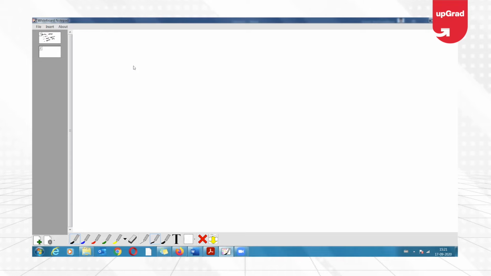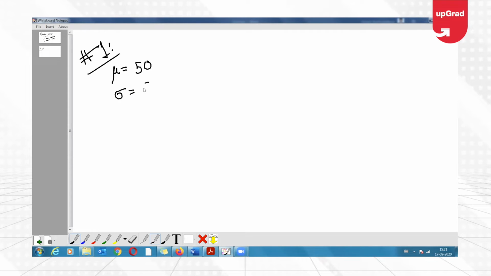That's very important for problem solving. So this is problem 1. We know that the mean is 50. We know that the standard deviation is 5.